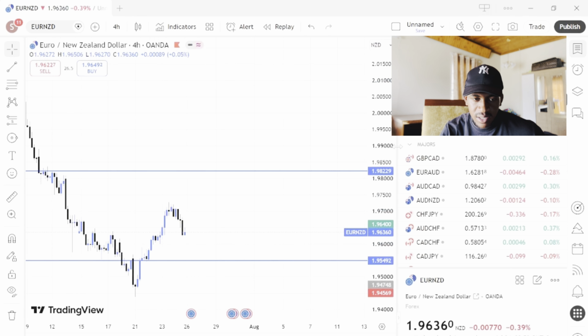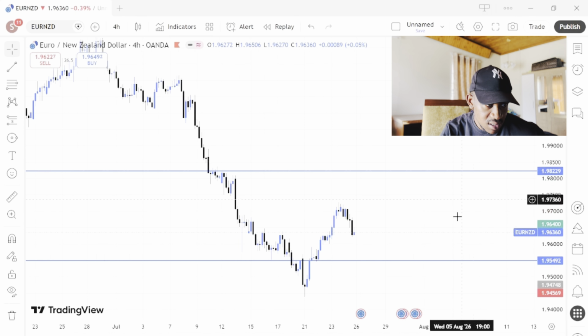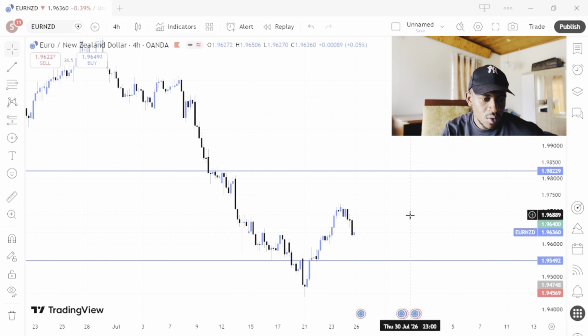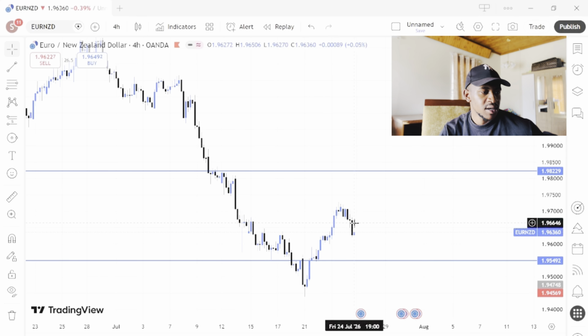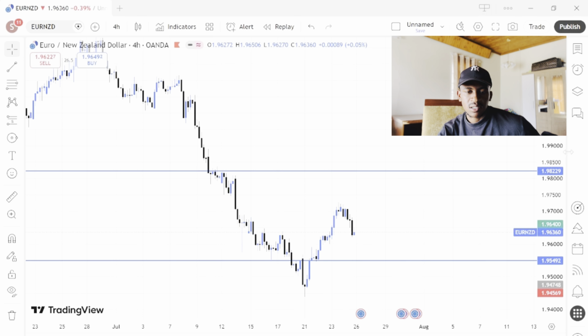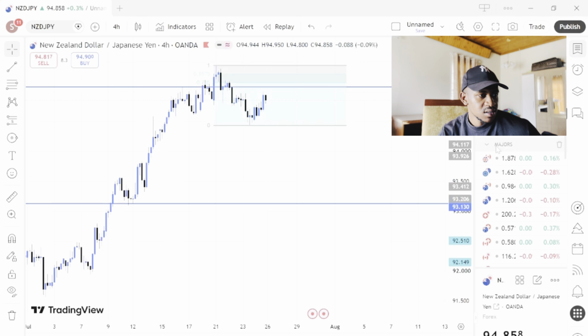So overall, we buying the NZD, right? Or we selling the NZD, I mean, because here on the Euro NZD, I'm looking for buys, and NZD is the counter currency, meaning I'm selling NZD actually. Yeah, we buying NZD. Nah, we selling NZD because I'm selling NZDJPY, right?